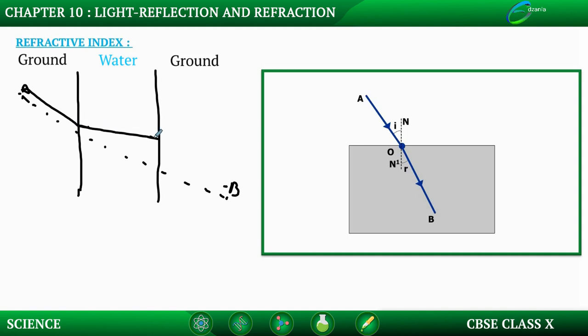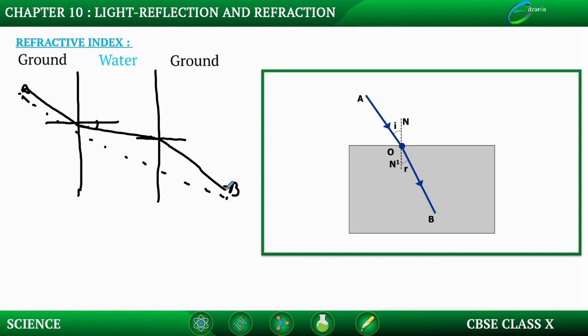So we will try to shorten our path in the lower medium. We will move towards the normal. That will make the distance covered in water minimum. And then again, at the other side of the interface between water and ground, we will move away from the normal to reach point B.